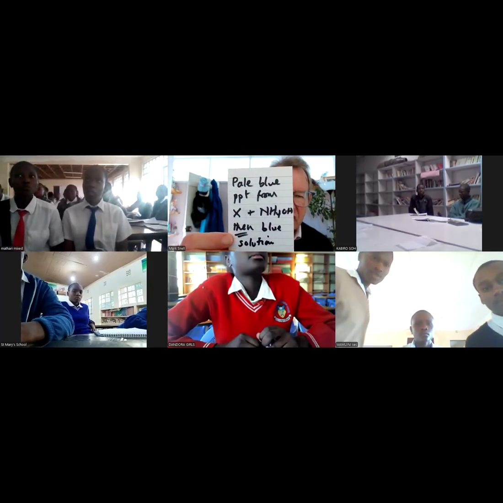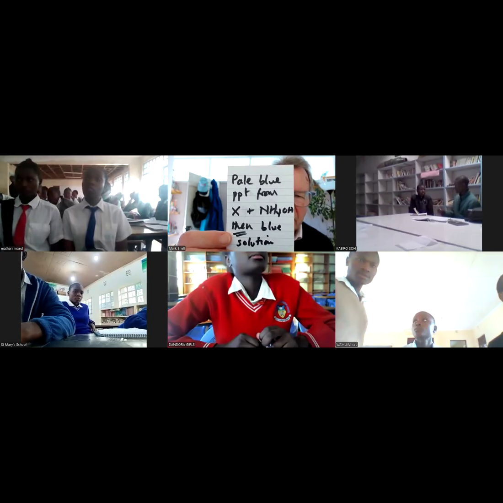X, I add ammonium hydroxide to it. I get a pale blue precipitate and then a blue solution. What is it?